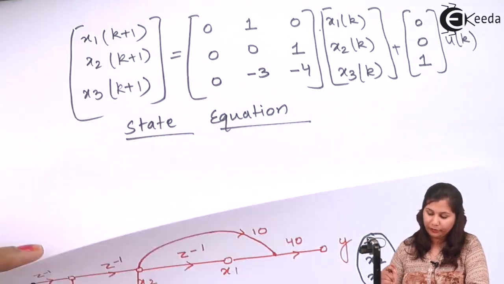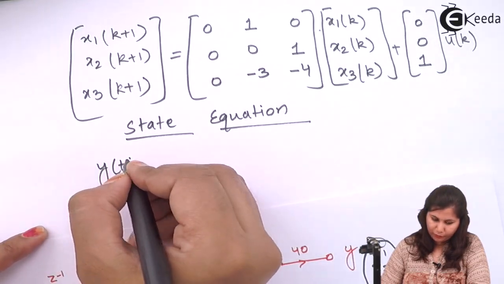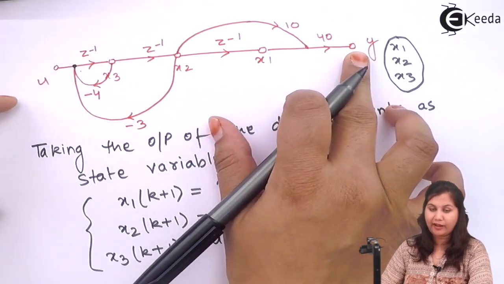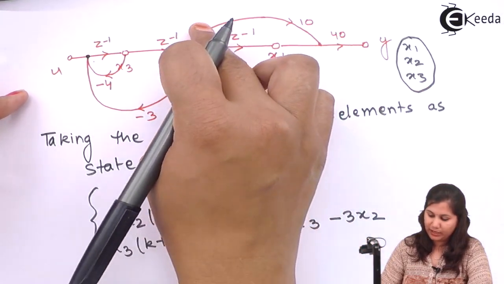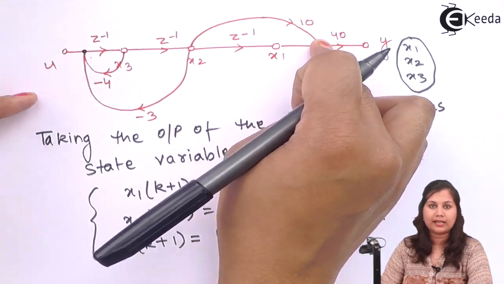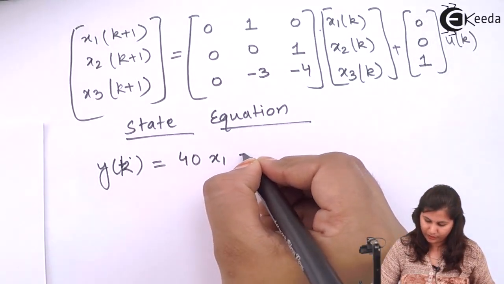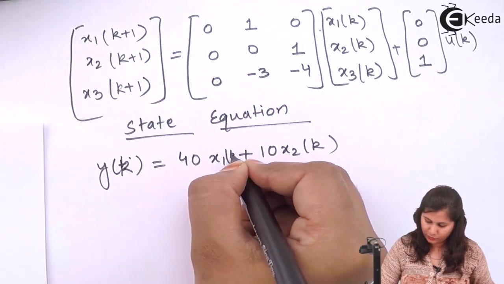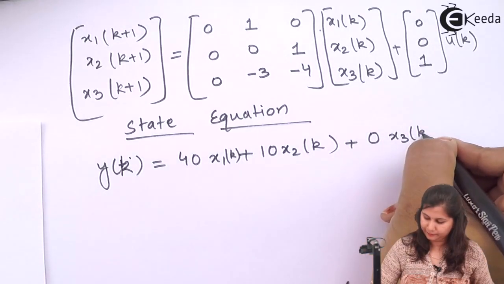Now for the output equation, we will write the equation for the output. yk equals 40x1k plus 10x2k, and x3k is missing.